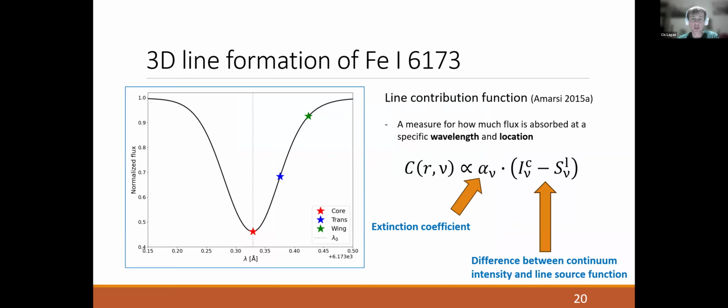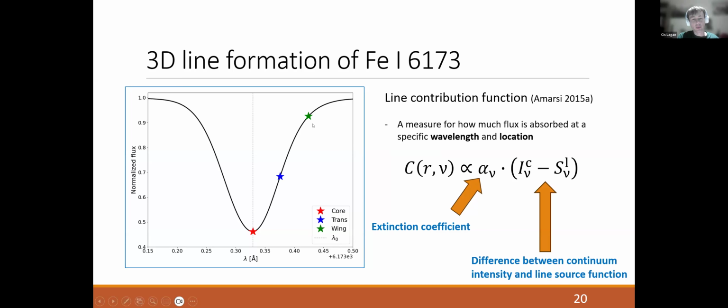I took our 3D model from before and synthesized the neutral iron line at 6,173 angstrom. It's a well-known line. What we can do is compute the so-called line contribution function. This is a measure of how much flux is absorbed at a specific wavelength and specific location in our model, so we can really see at which point in the atmosphere most of the light is absorbed and hence contributes most to the spectral line formation.